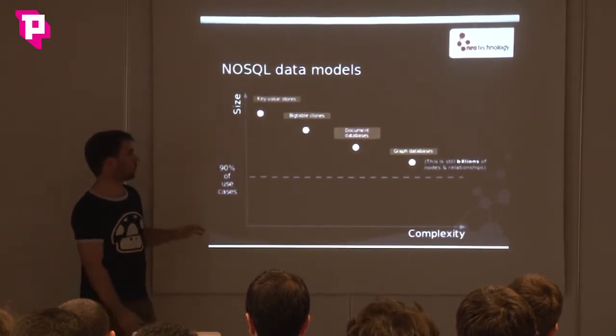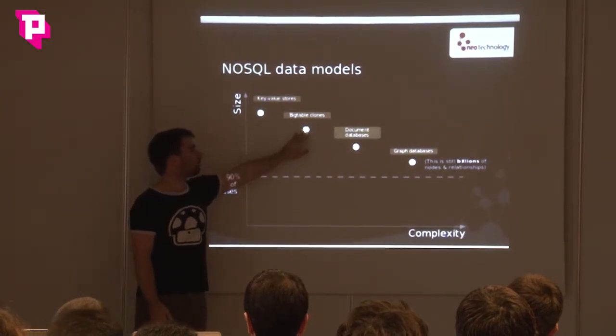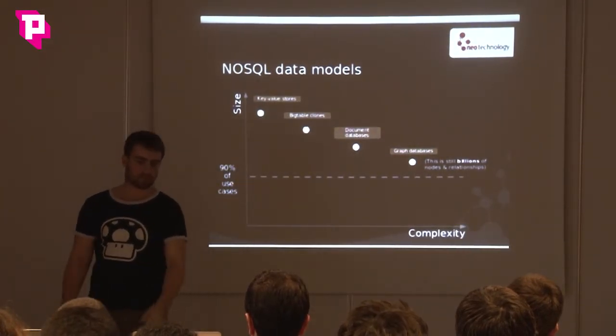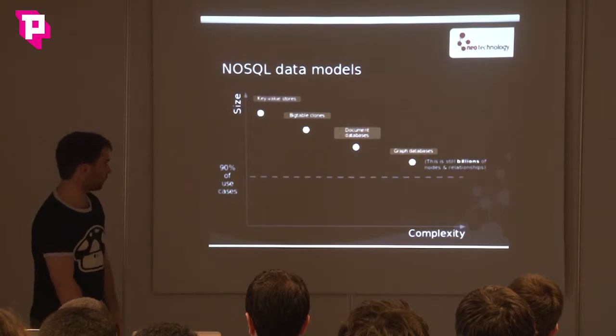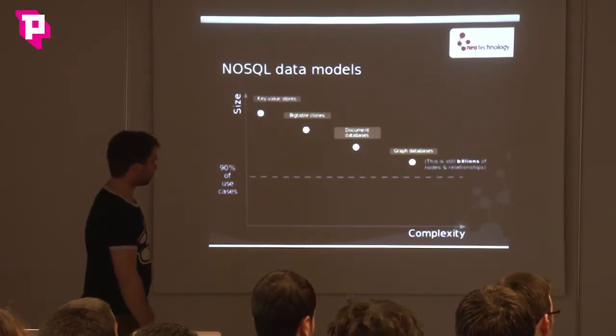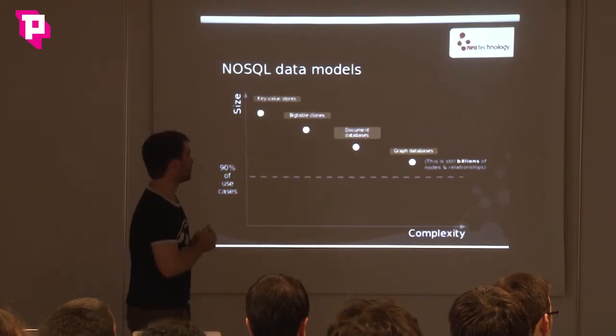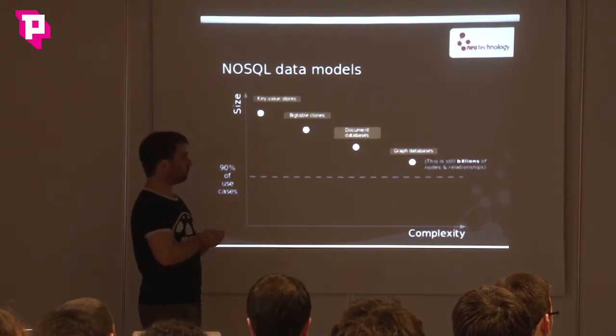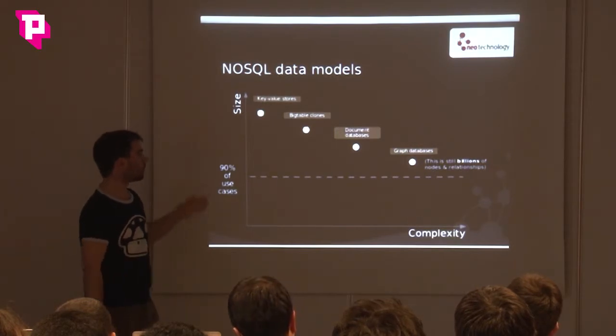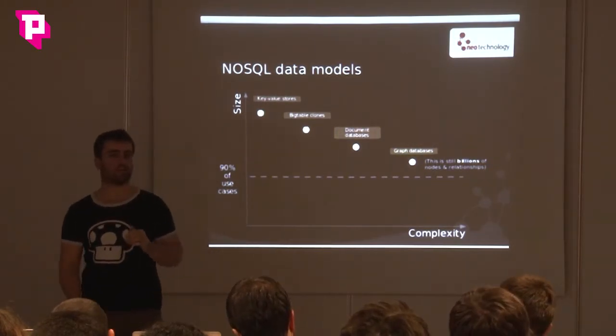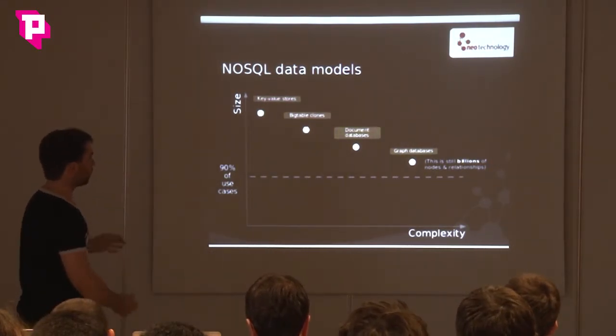Then we have BigTable-like data stores, column-oriented data stores, like SQL tables. They can handle more, of course. We are above key-value, but it's a bit harder to scale. Then we have document databases like Mongo and Couchbase, and we have graph databases.